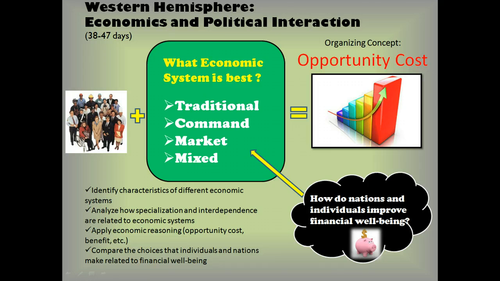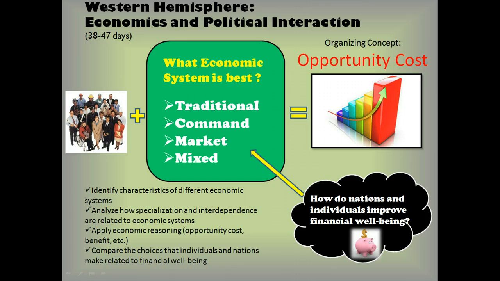In addition, the personal financial literacy standards are embedded into this unit as students consider the idea of financial well-being. This plays out within the unit by asking students to think about how individuals and nations make economic choices to improve financial well-being. The choices of individuals and nations are the same, and they involve saving, spending, and investing.